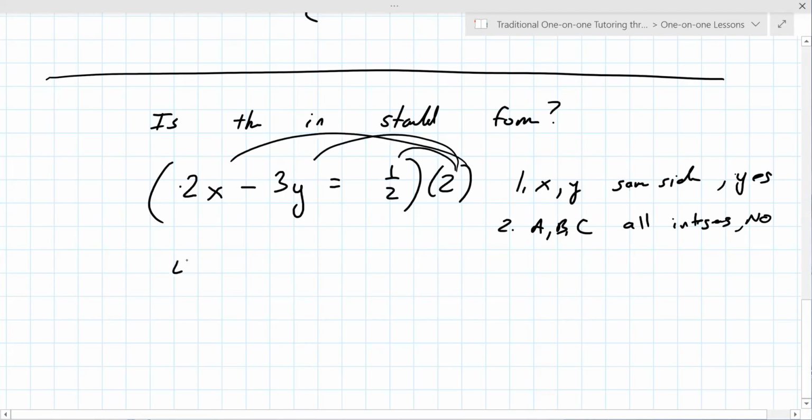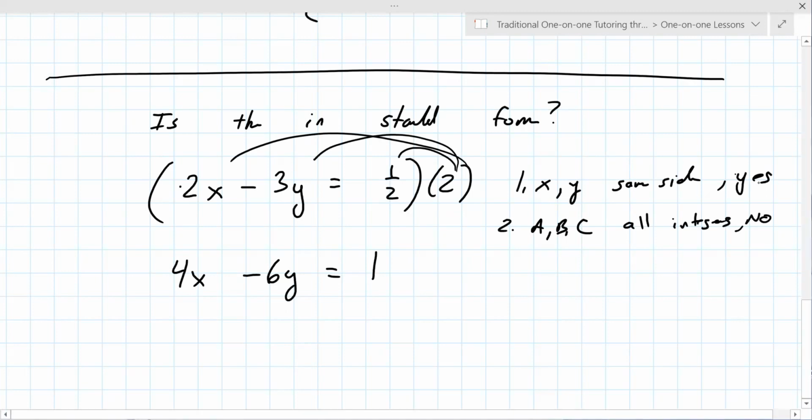So this is 4x minus 6y equals 1. Okay, so is this in standard form? Let's go through it.